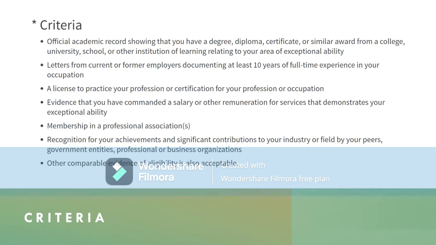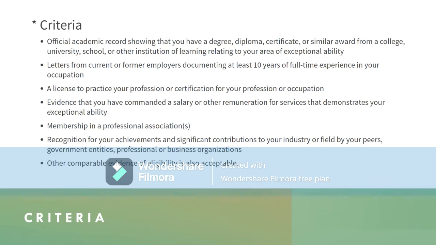Recognition for your achievements and significant contribution to your industry or field by your peers, government entity, professional, or business recognition. For example, do you have an award? Have you published? Your dean gave you an award, your university gave you an award, or your body gave you an award.